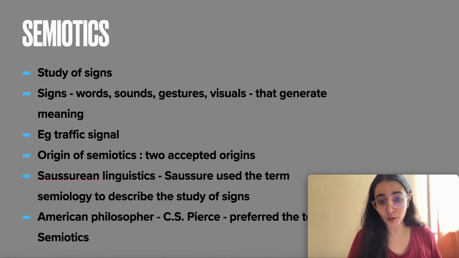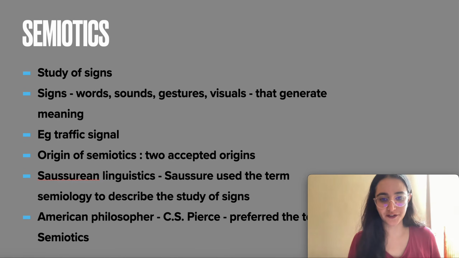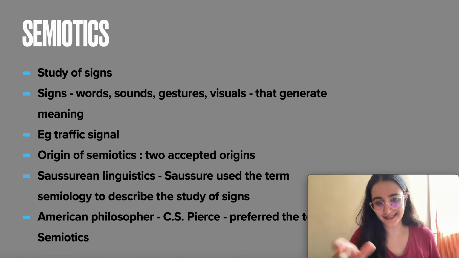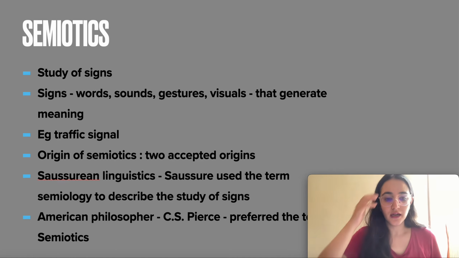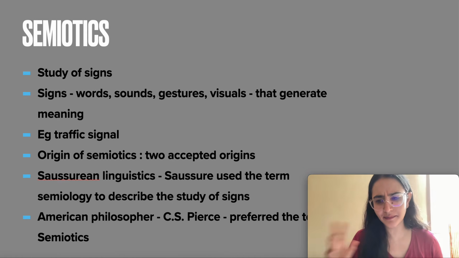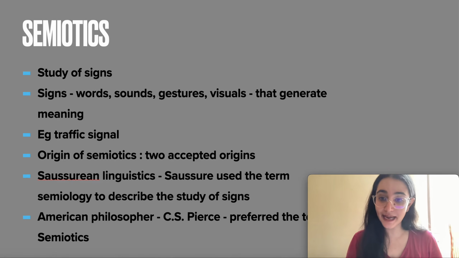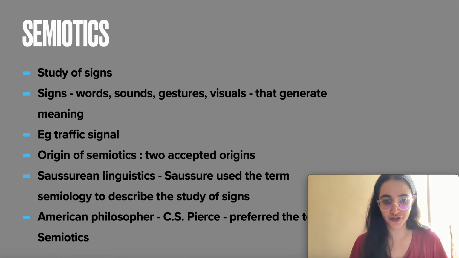The other origin is by an American philosopher, C.S. Peirce. It is spelled P-I-E-R-C-E, but pronounced Peirce. C.S. Peirce also gave a similar structure of signifier and signified, just with different names, and we'll talk about those names. So these are the two accepted origins.